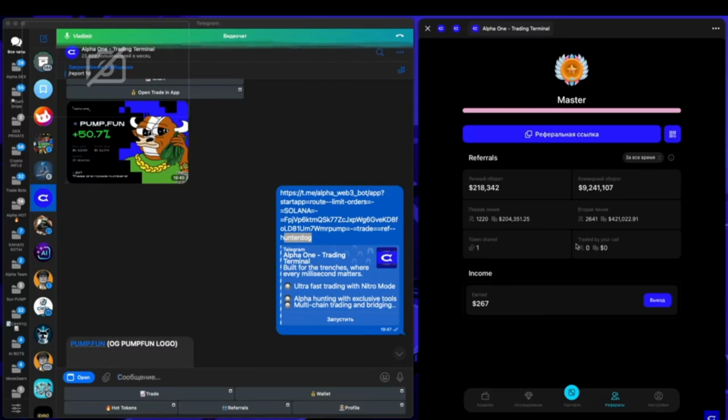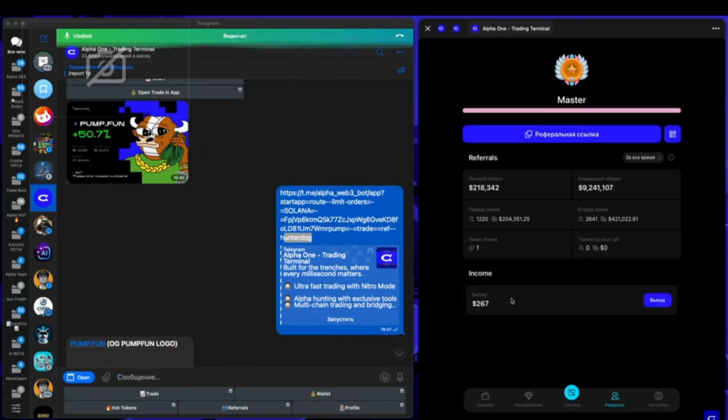There will be the number of people who traded this token and the total turnover. That is, if there are 5 people who buy this token for $100, then you will have a trade volume written there for $500.